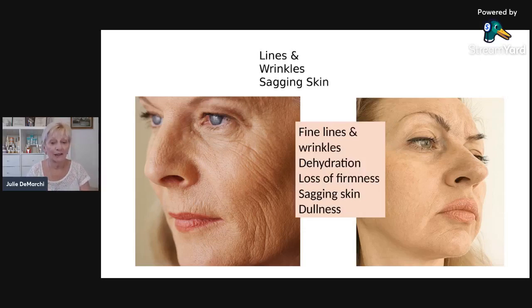And as you age, your collagen and elastin has decreased and it's not producing the way it used to, so you'll see signs of fine lines and wrinkles. Dehydration can cause that. You'll see a loss of firmness, your skin will look a bit saggy, and it may also look a little bit dull.